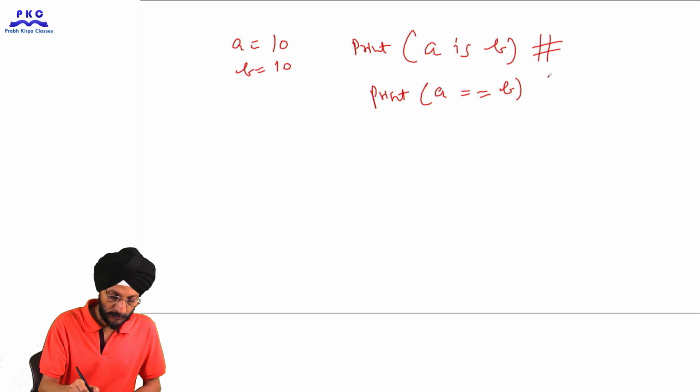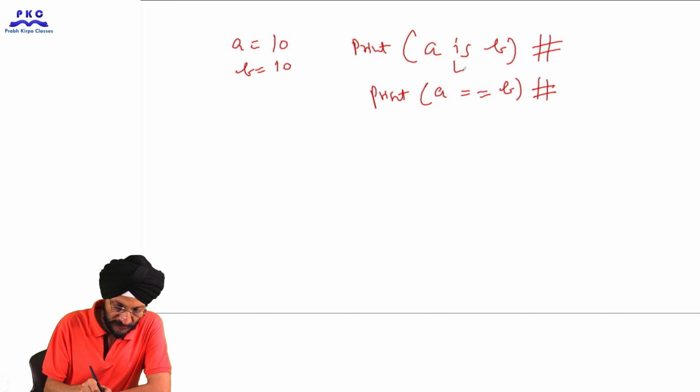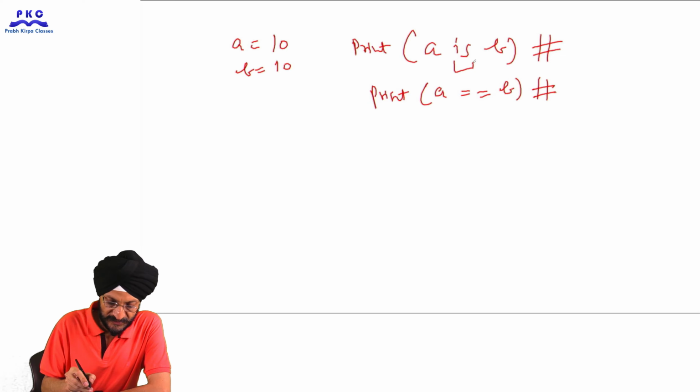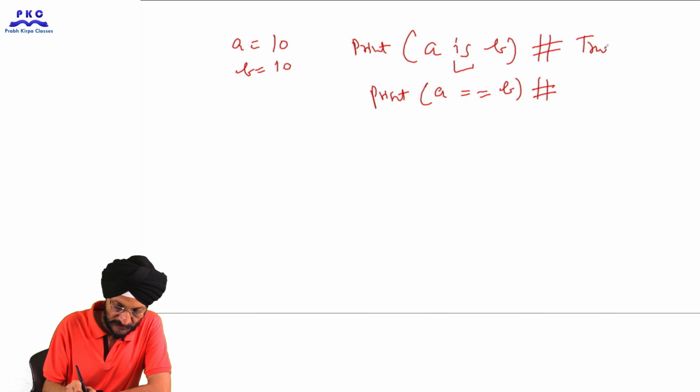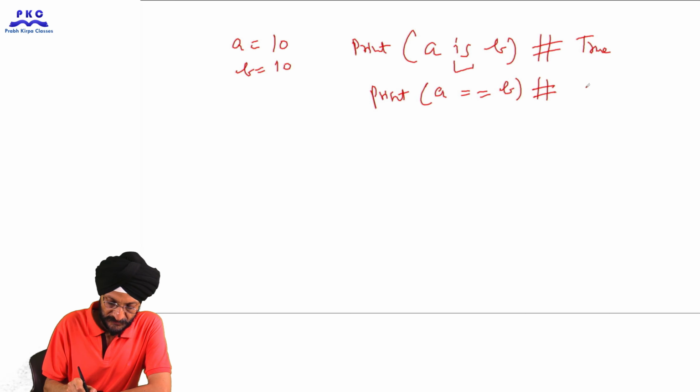Now what will be the output? The is operator will give the result as true. The equality operator will also give the output as true.